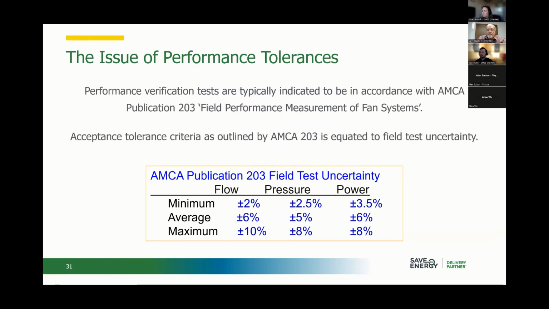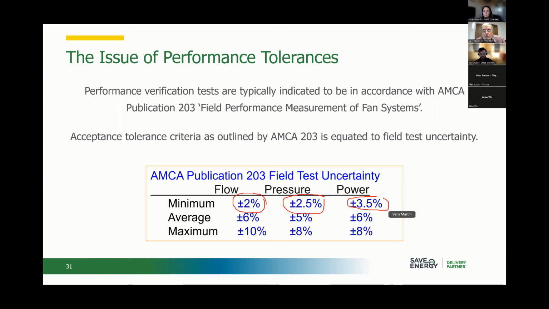And that is that everything that you measure has tolerances around it. So if we're measuring a fan and we're measuring it with the best equipment and everything is ideal, you still have a tolerance on your number here of plus or minus 2% on flow, plus or minus 2.5% on pressure, and your power might be within 3.5%.